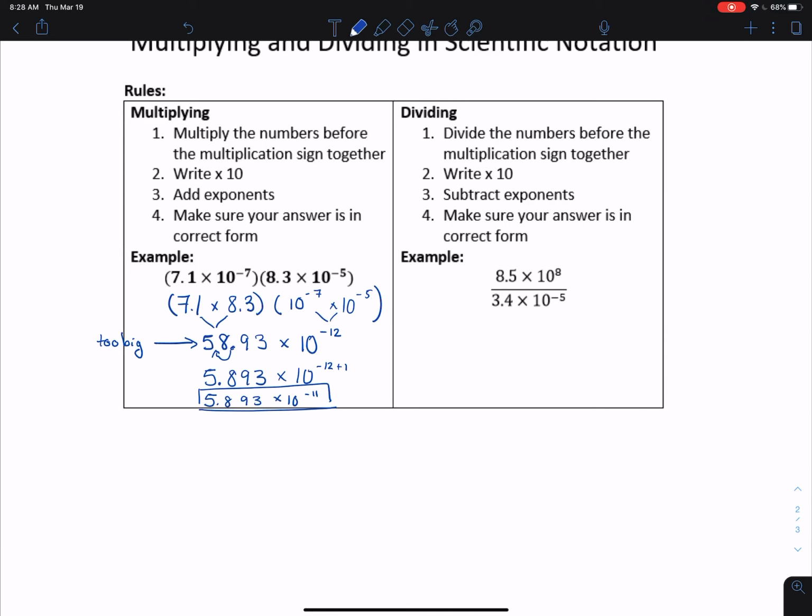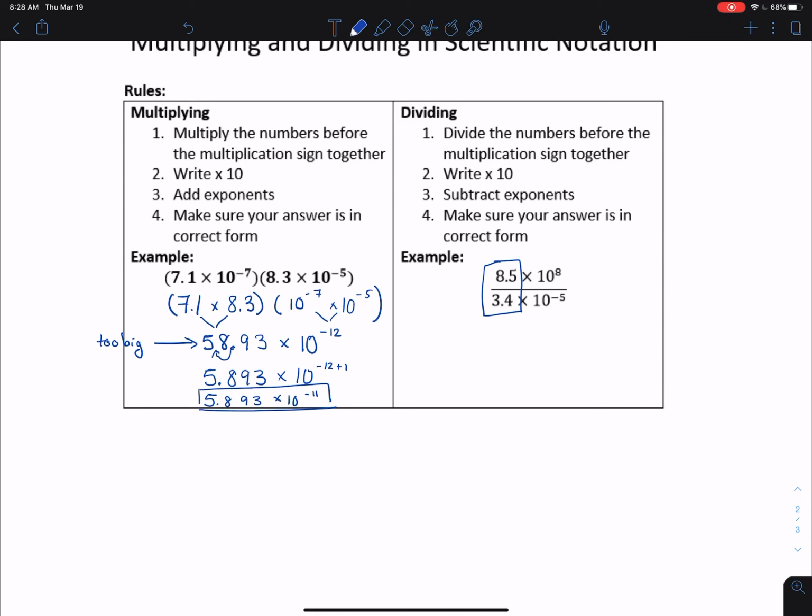When we're dividing numbers in scientific notation, we do pretty much the same thing, where we're going to divide those numbers before the multiplication sign first. So we're going to deal with the 8.5 divided by 3.4. We write our 10 times. We subtract our exponents using those exponent rules. When we divide, we subtract our exponents, and then we make sure our answer's in the correct form.